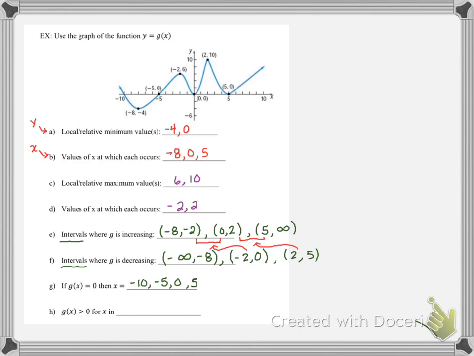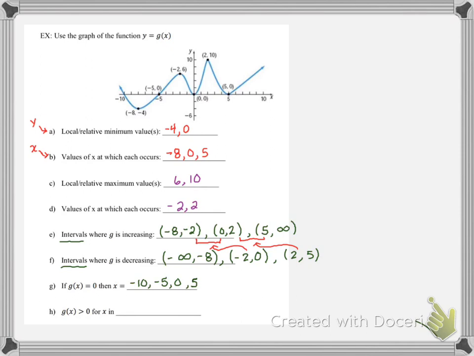Okay, so now we want to talk about where g of x is greater than 0. So remember, g of x is an output, so that's our y values. So we're looking at where our y values are above the x-axis. So if we start all the way at the left of the graph, are we above the x-axis?